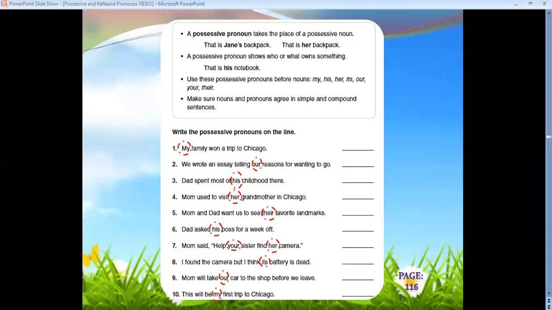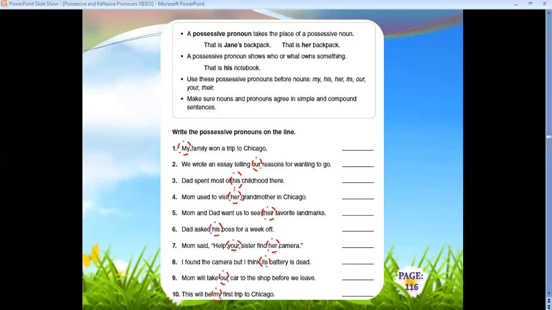But the possessive pronouns, no, we don't need them. Here in your book, they didn't explain the difference between them, but I explained in the previous slides, right? So here we can call both of them possessive pronouns, but it's better to say possessive adjectives for the ones that can't stand alone and need nouns, and possessive pronouns for the ones that can stand alone and don't need nouns. Okay, let us check these.